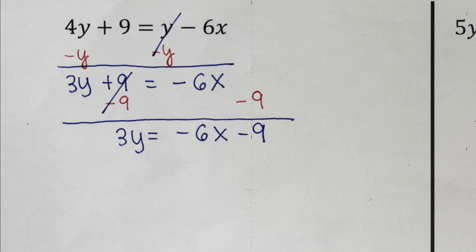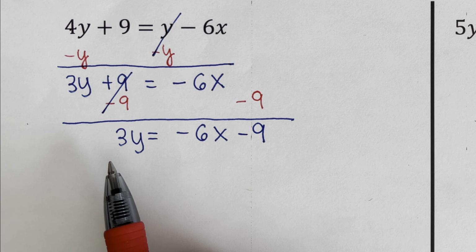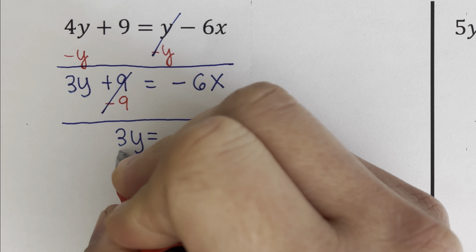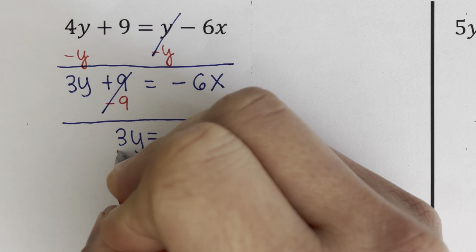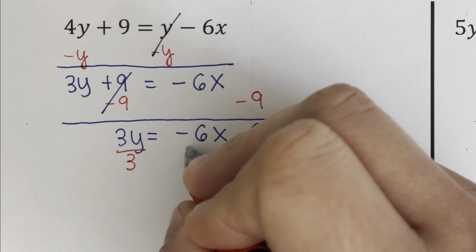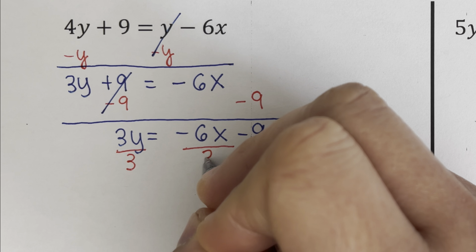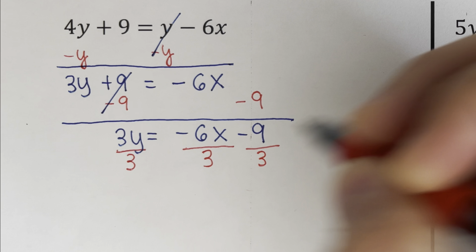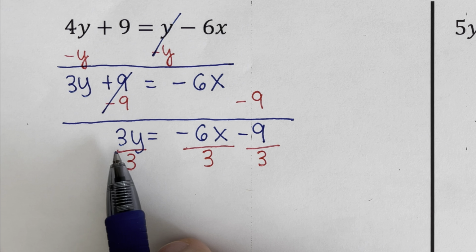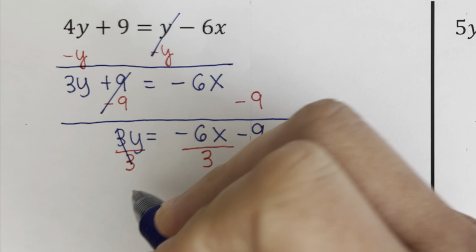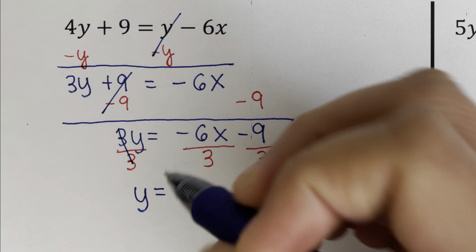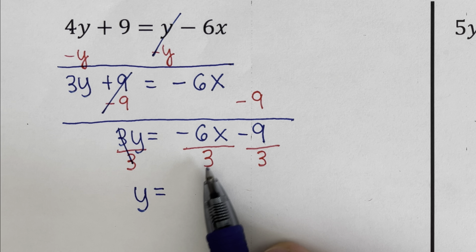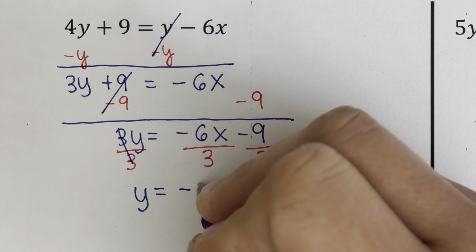Again, we want the y by itself, but it goes with 3. So we're supposed to divide both sides by 3 so that we can get rid of the 3 here. We divide each of the terms here by 3 as well, so that this 3 and 3 get crossed out. So we're left with y is equal to negative 6x divided by 3 is negative 2x.